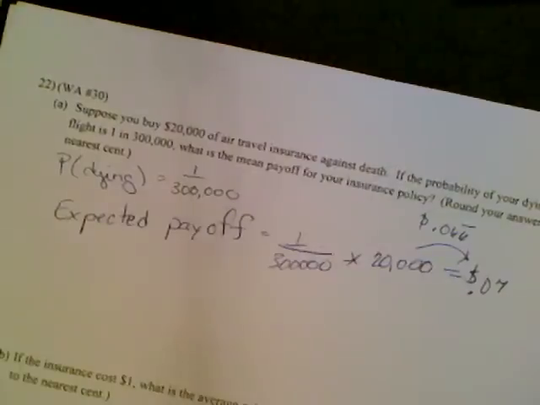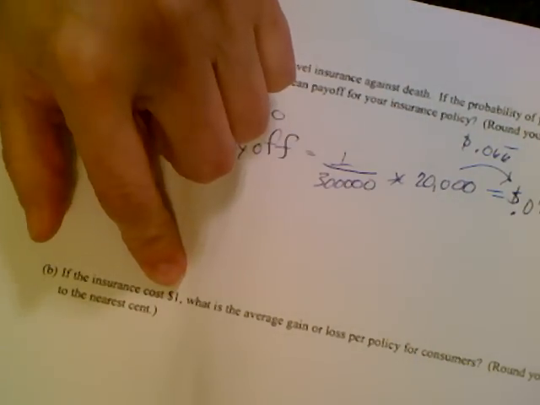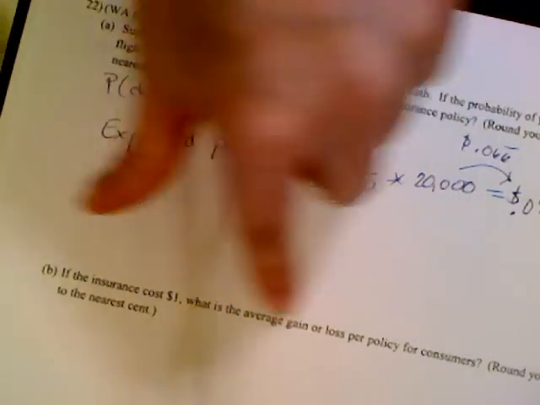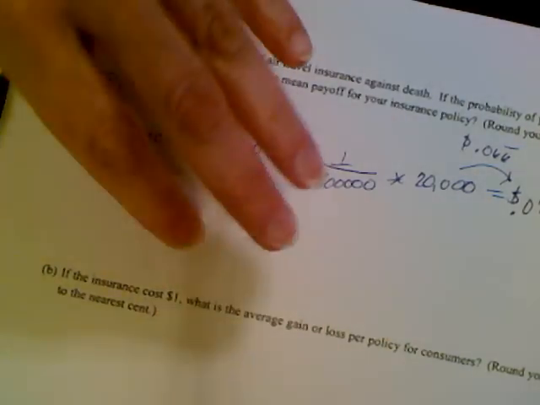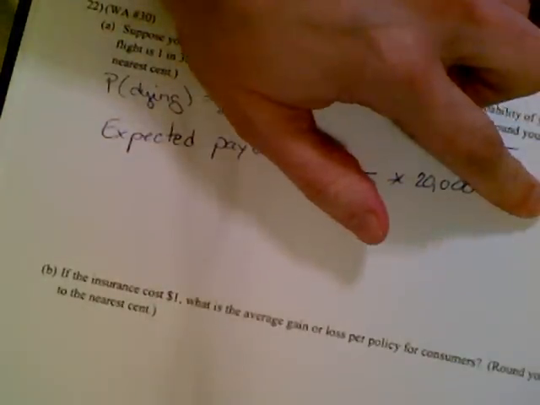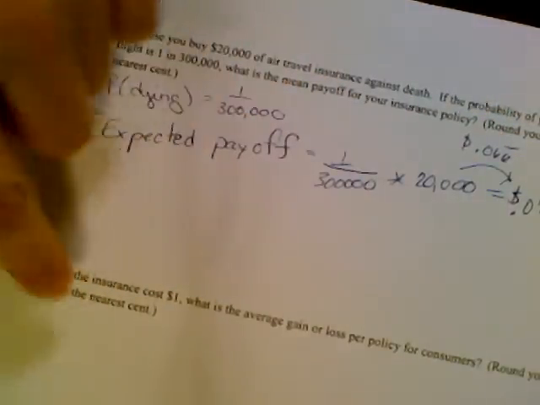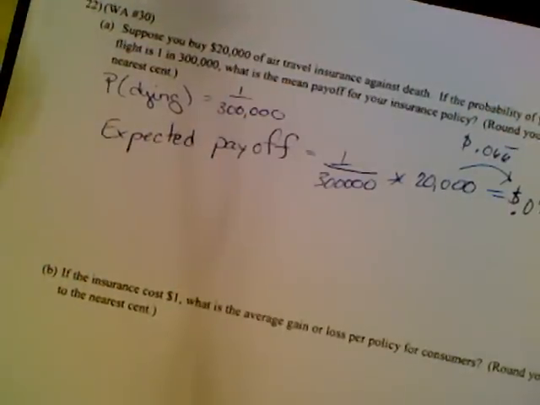So it's 7 cents. So I'm expected to be paid basically 7 cents. Okay? If I pay $1, part B, if I pay $1 for this cost, then am I expected to gain or lose for this policy? If I pay $1, I only get paid 7 cents, then I'm expected to lose 93 cents.